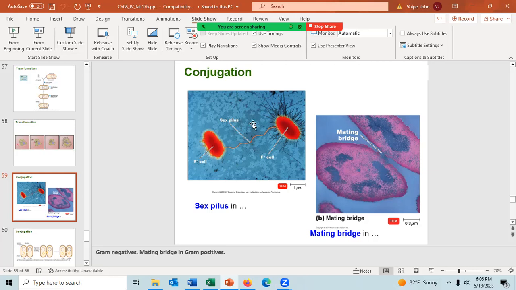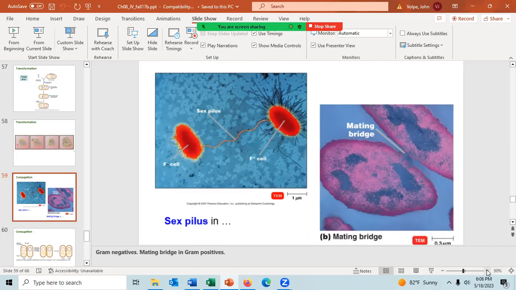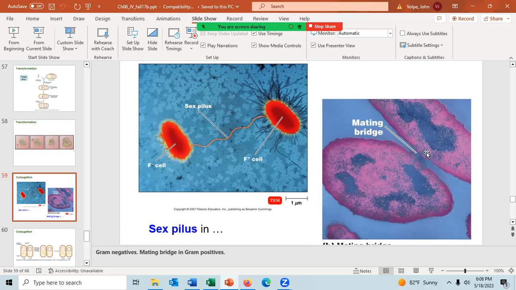Okay. Anyways, that's how it happens, sexual conjugation in gram-negative cells. In gram-positive cells, 2 gram-positive cells actually have to touch. And I don't know what happens to the cell wall, but the cell wall disappears right there. And then the cell membrane comes together and fuses together. And then we have a channel here connecting this cell to that cell, where the cytoplasm of this cell is connected to the cytoplasm of that cell.